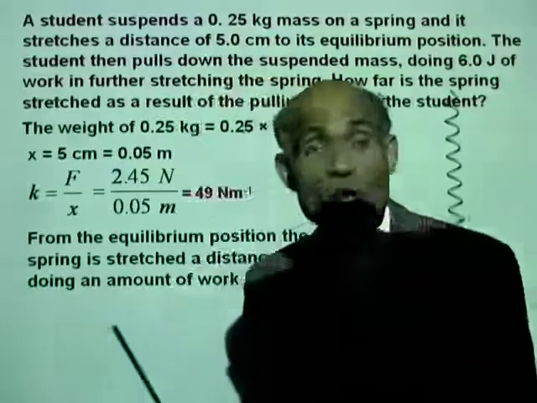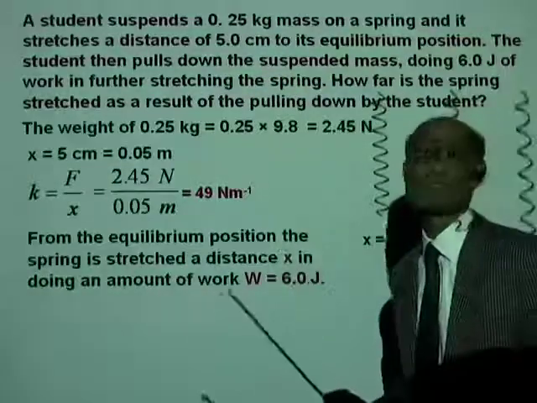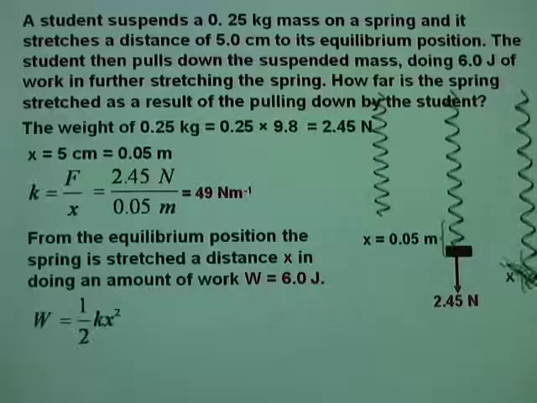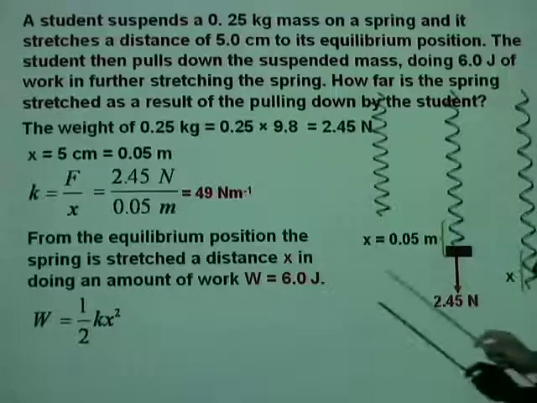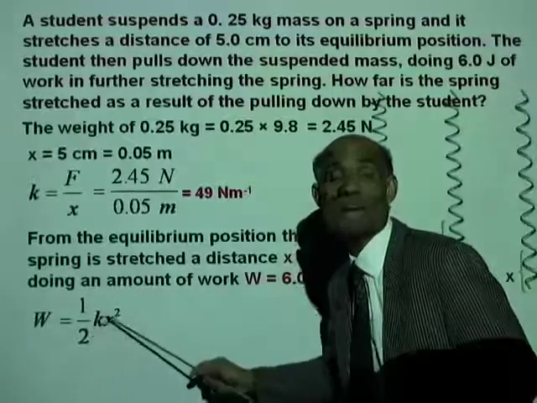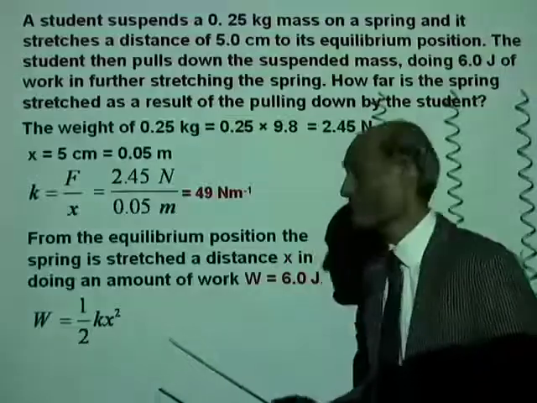We know the work, we need to find the distance x. So the student does an amount of work in stretching the spring by an additional distance x. Now W, the work done, equal to 1/2 kx squared.